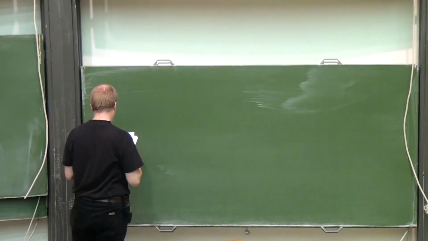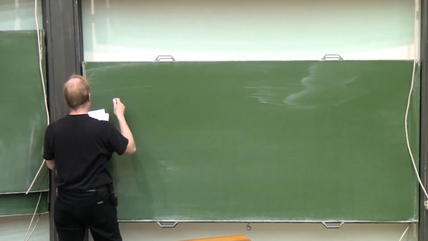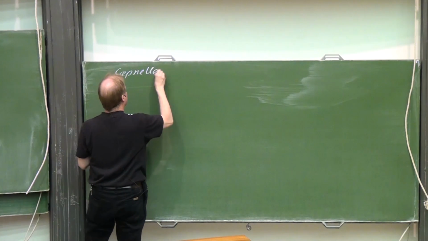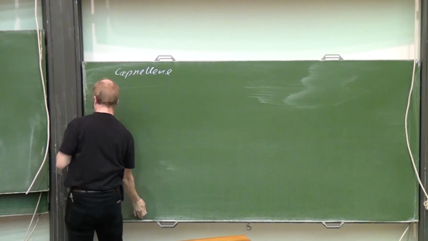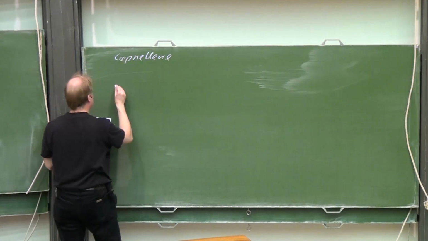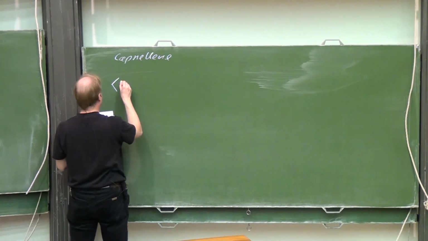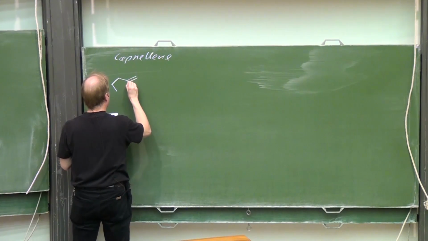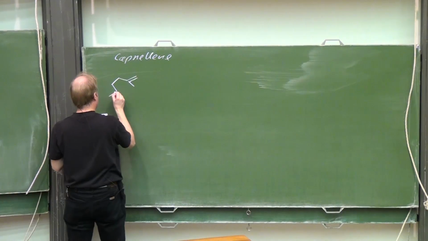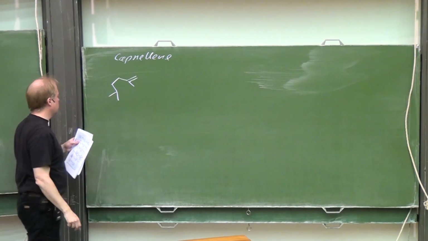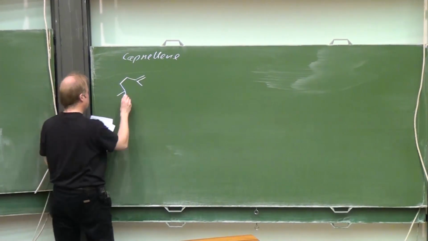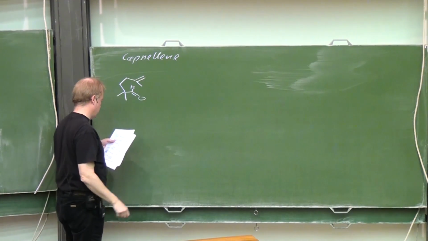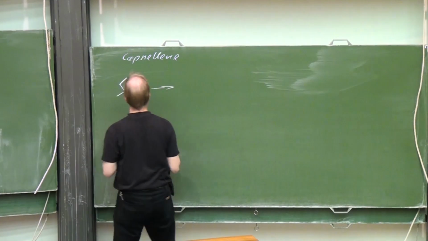Another synthesis to a terpenoid called capnellene. And here we learn how to introduce that allylic magnesium halide. Very straightforward.